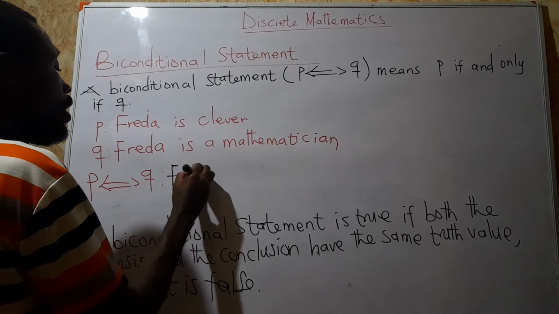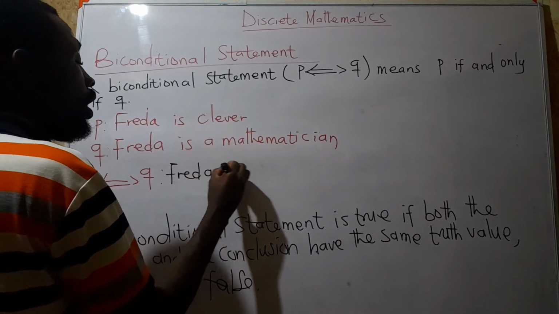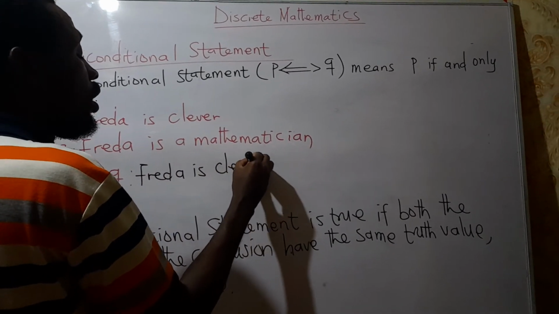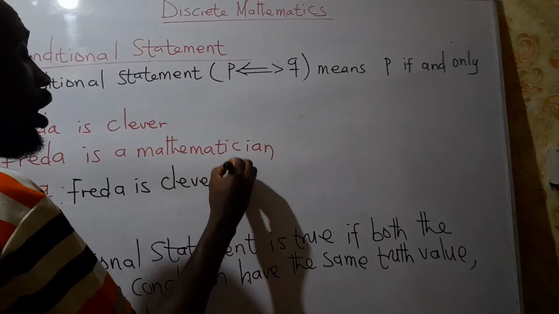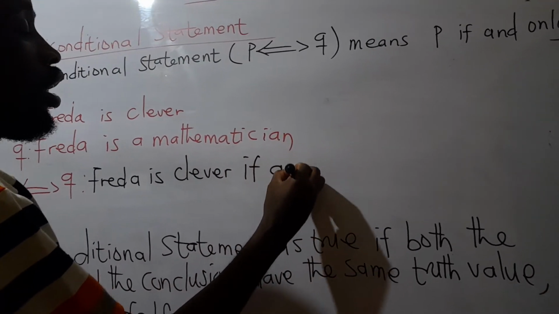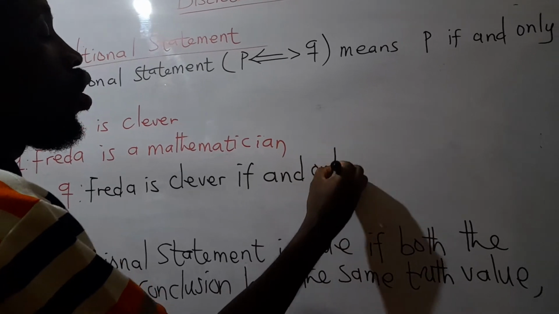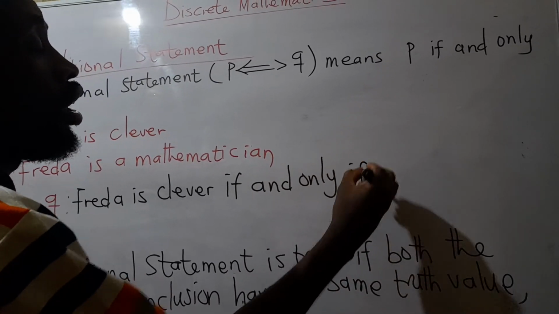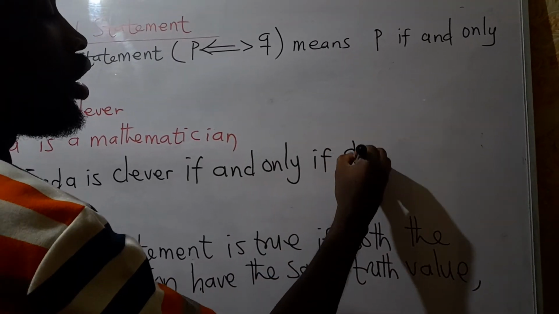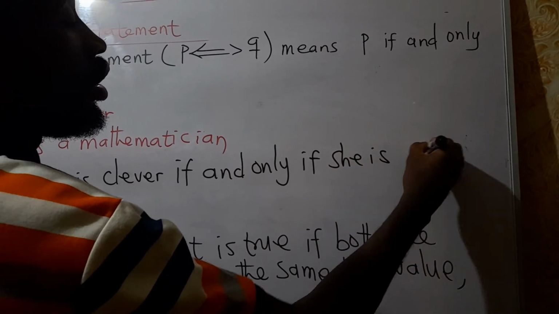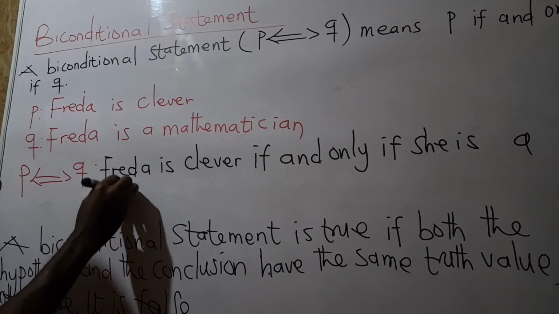Frida is clever if and only if she is a mathematician.